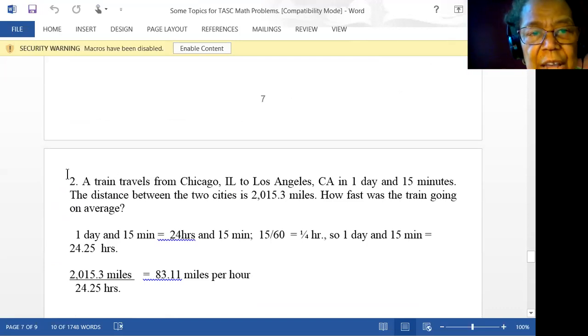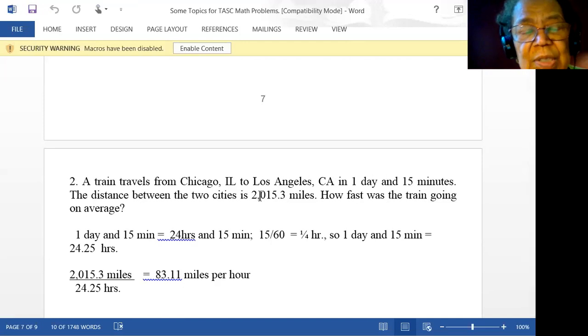We have a train that travels from Chicago, Illinois to Los Angeles in 1 day and 15 minutes. The distance between the cities is 2,115.3 miles. How fast was the train going on the average? In other words, how many miles per hour?